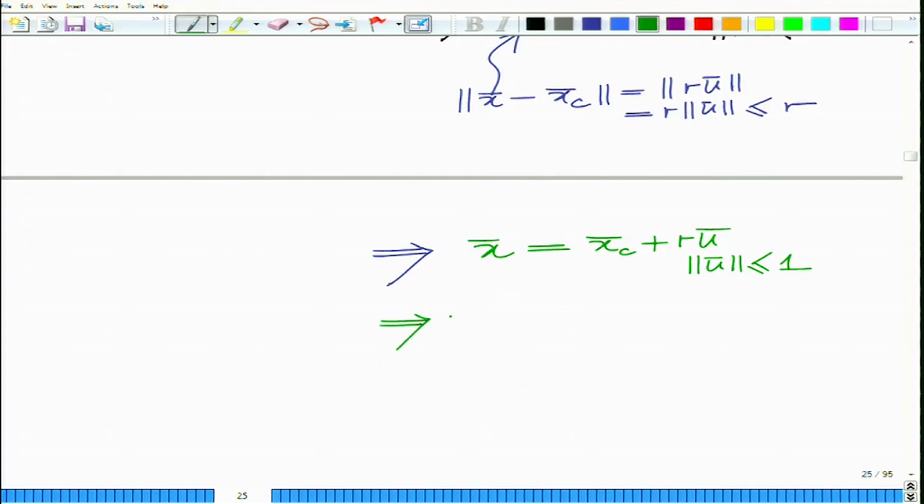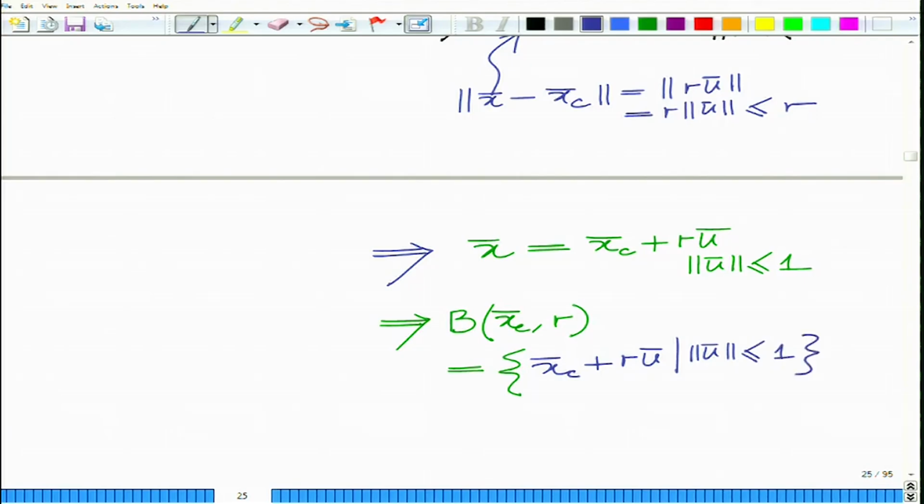This implies that I can represent the ball with center x bar c and radius r also in the following form, that is equal to the set of all vectors x bar c plus r u bar such that norm u bar is less than or equal to 1.